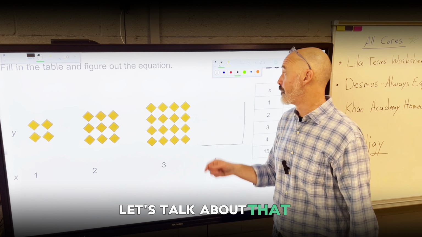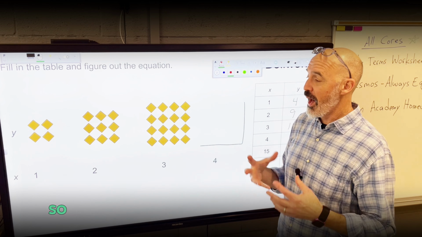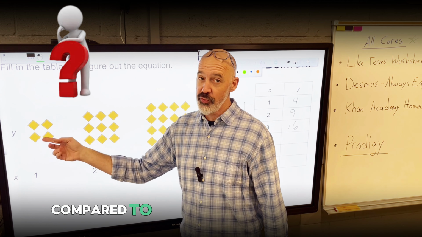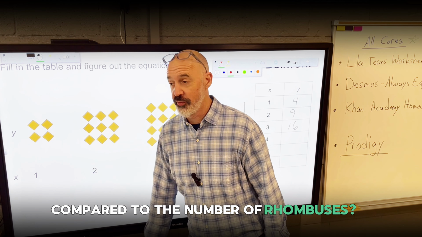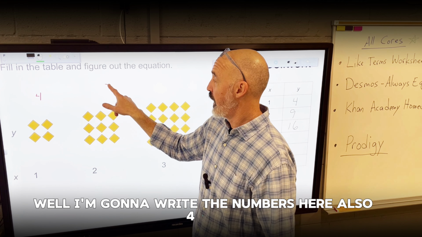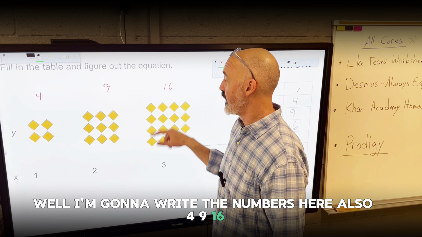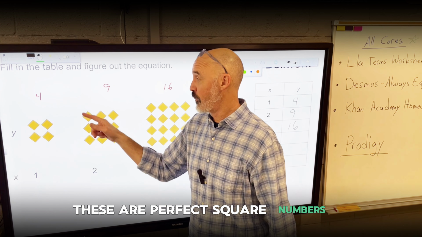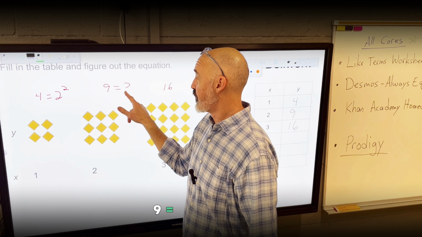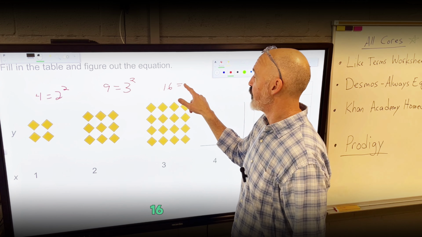Let's talk about that. So how do you see the iteration number compared to the number of rhombuses? Well, I'm going to write the numbers here also. 4, 9, 16. These are perfect square numbers. 4 equals 2 squared, 9 equals 3 squared, 16 equals 4 squared.